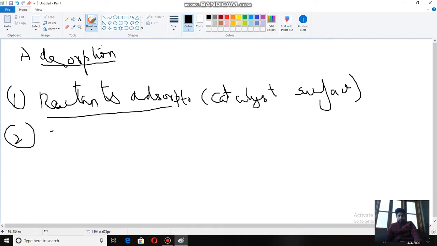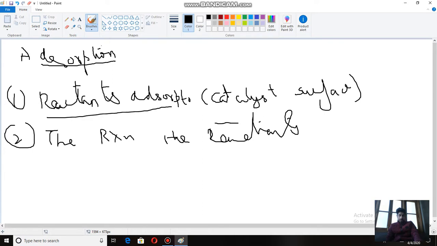Then there is a type of chemical bond or reaction between the reactants, and at last when reactants react, they will form products.